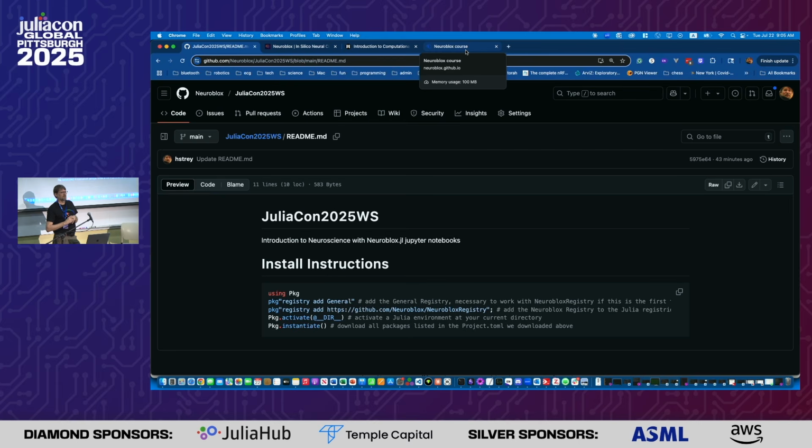So this should be on everybody's machine. You first clone the repository, then you go to the repository, run these commands in Julia, and then you can just say using IJulia notebook parentheses, and then you will create essentially a web server with the Jupyter notebook server, and then you can run all the notebooks.